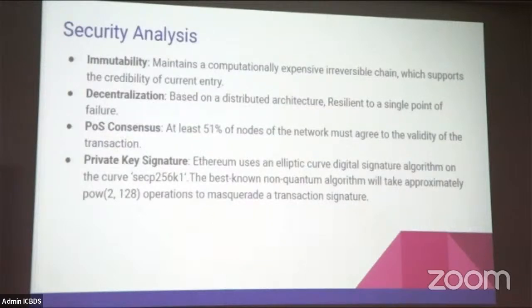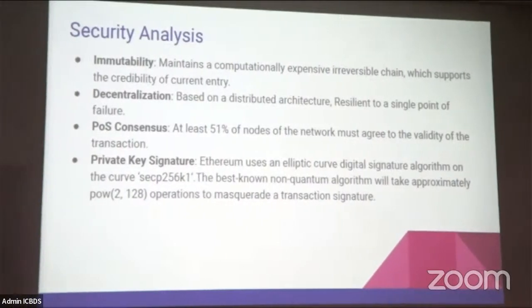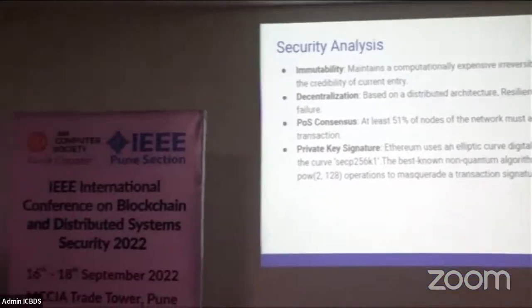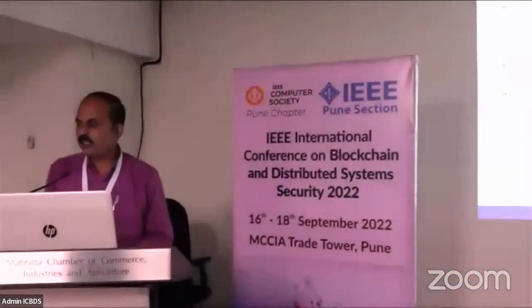Basically, why is this happening? Due to the properties of blockchain, that is immutability, decentralization, and the public key authentication mechanism which is included. Here I want to know who the authenticated voters are. That is possible because of using digital signatures in blockchain, right?